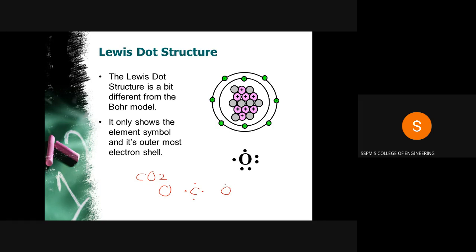And for oxygen, 6 electrons are in the outermost shell. In this way you can write the dots, the Lewis dot structure for CO2.